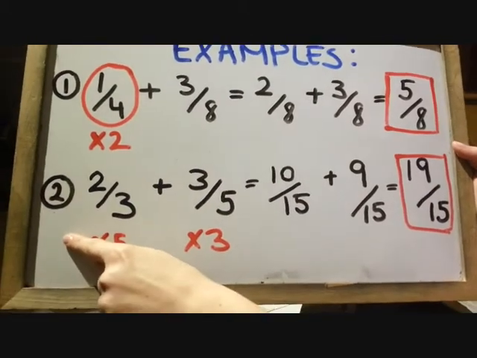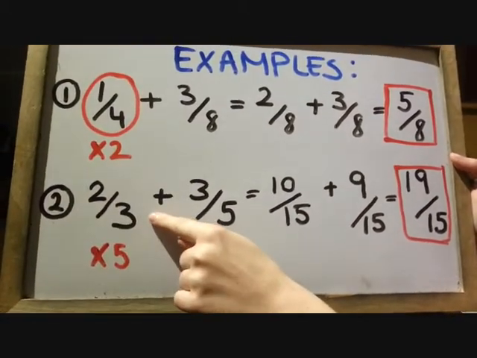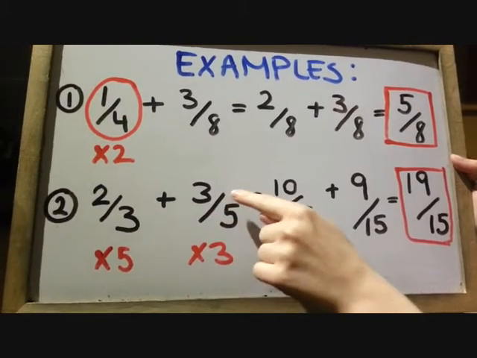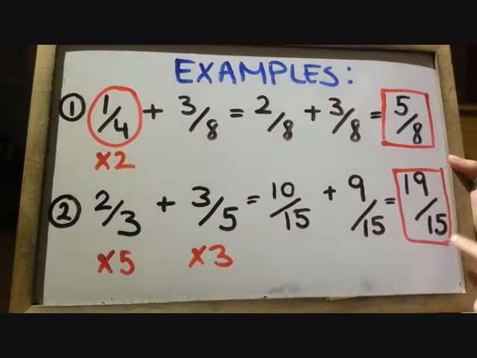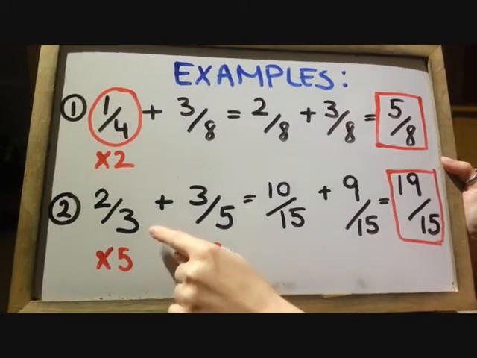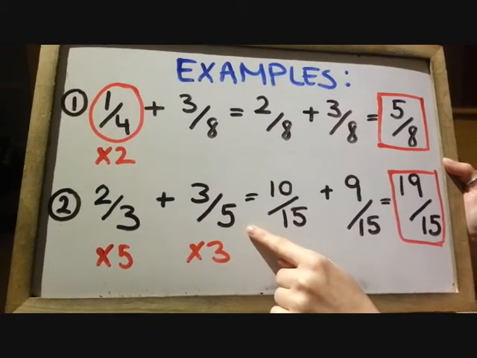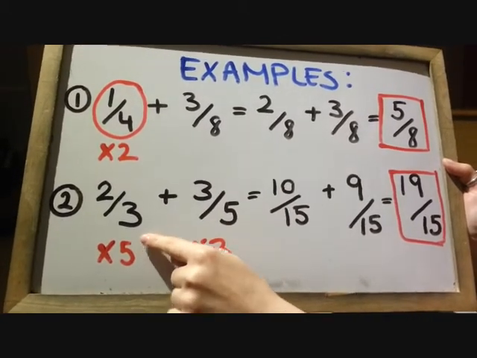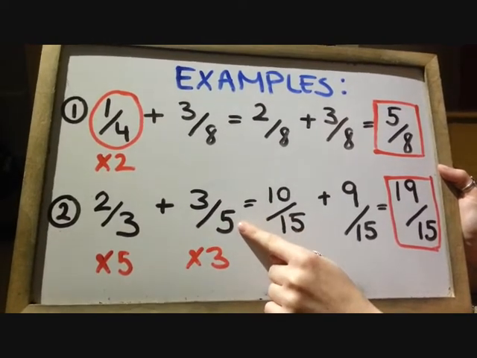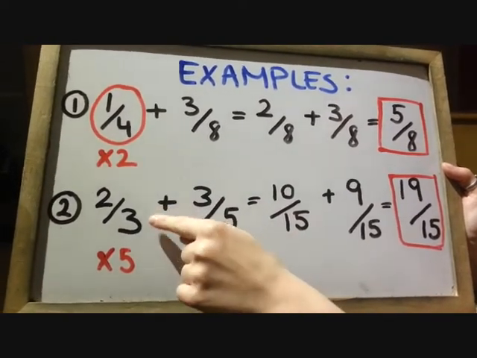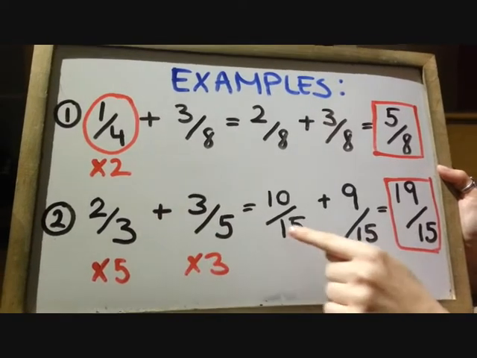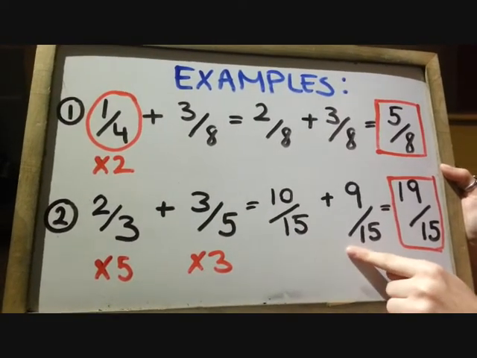For the second fraction, I did 2 over 3 plus 3 over 5, which is 19 over 15. Because here, I thought about it, and I found out that 5 from this fraction and 3 from this fraction could give me both the same denominators.